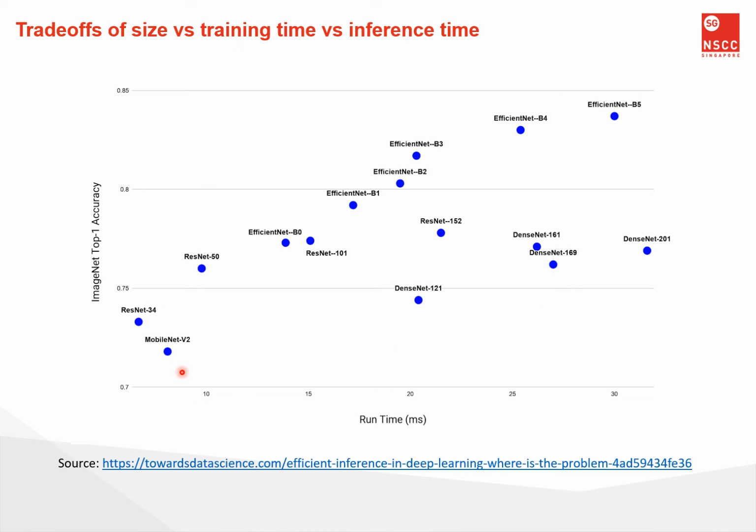Of course, if you need just a quick answer, the go-to algorithms will be those down here, the MobileNet and ResNet, which have very low computational requirements, both for training as well as inference. And if you are going to deploy this on a very CPU-limited device, this would probably be the way to go in terms of deployment. On a mobile device, you would probably go for MobileNet or ResNet.